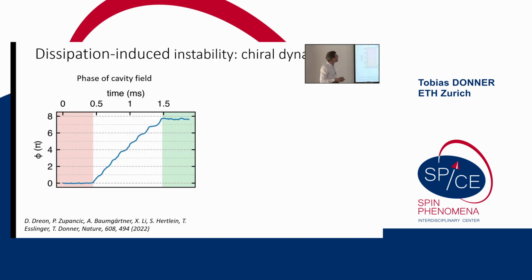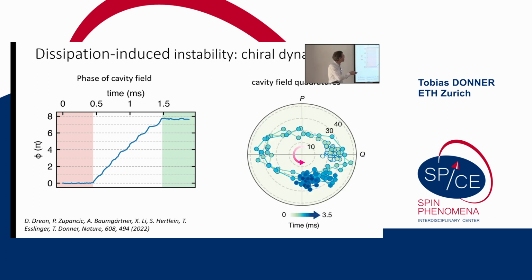So again, we can look in this representation in a complex plane, and then you see we start here at time equals 0, and then we have this chiral evolution of this phase until it ends up in the imaginary plane. Now, in the beginning, I told you that this lattice which the atoms are feeling is built from the interference of the pump and the cavity field.